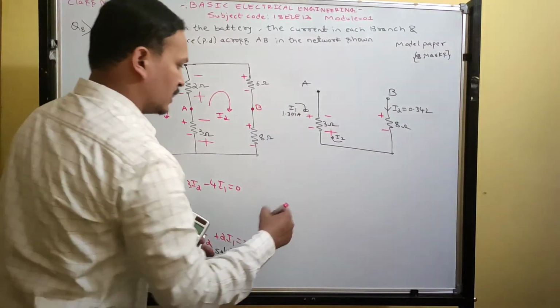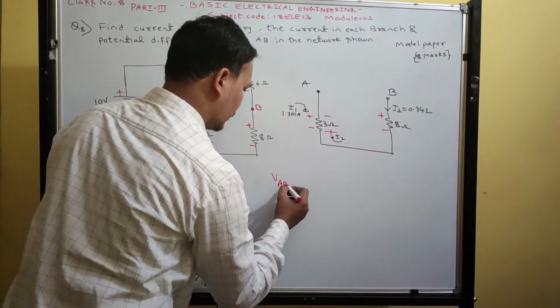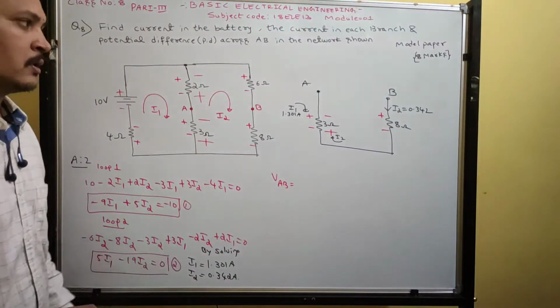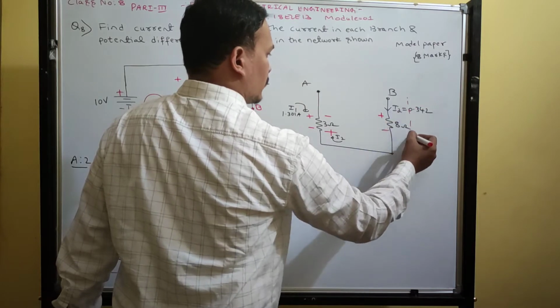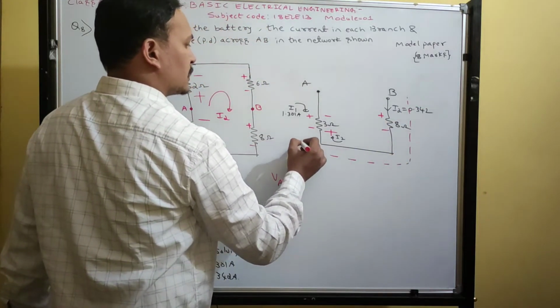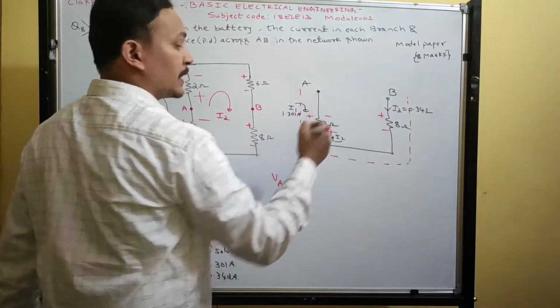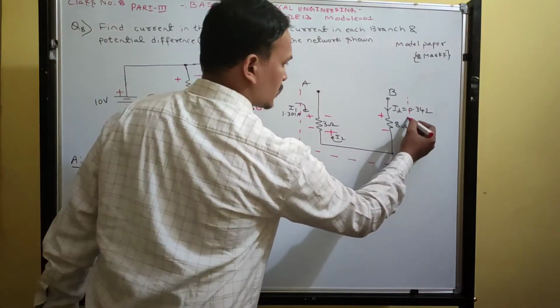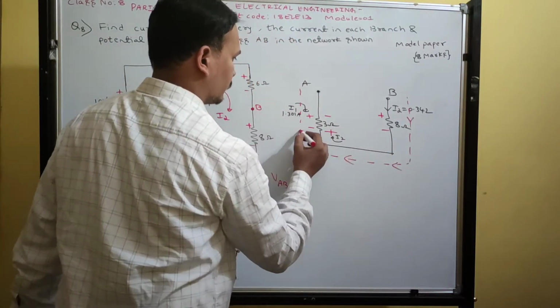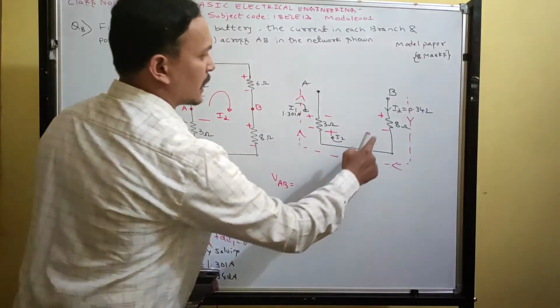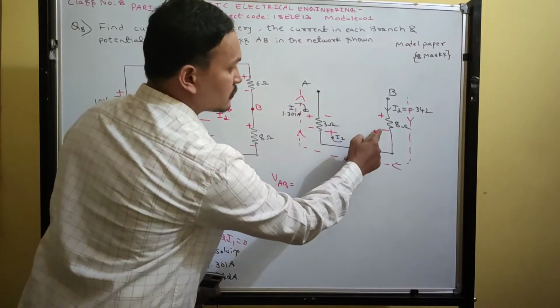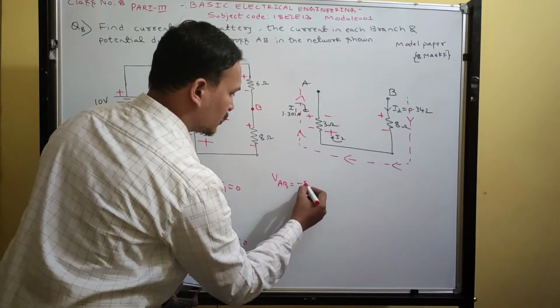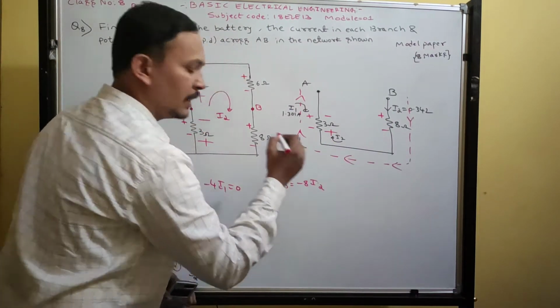Now find VAB. While finding VAB, you should be very careful. So apply the traverse direction. You are finding the voltage at point A with respect to point B, so this will be my traverse direction. Now start from here. See the traverse direction and see the polarities. Plus to minus, drop. So what will you get? Minus 8 I2.